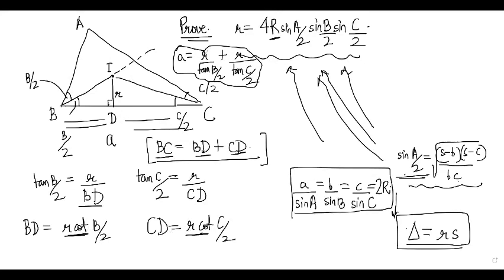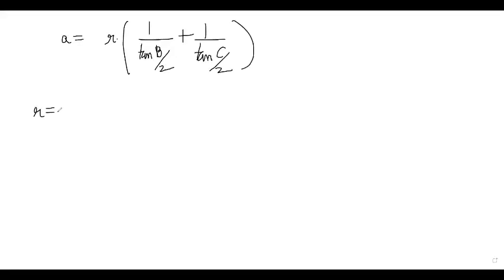So I'm just writing R cot as R by tan, and I'm adding and saying BC is BD plus CD. So you get this. Now you can say that A is equal to R times 1 by tan B by 2 plus 1 by tan C by 2. And therefore, what we are getting from here is a version of R: A by 1 by tan B by 2 plus 1 by tan C by 2, right?